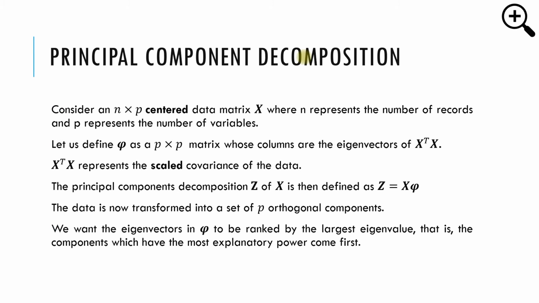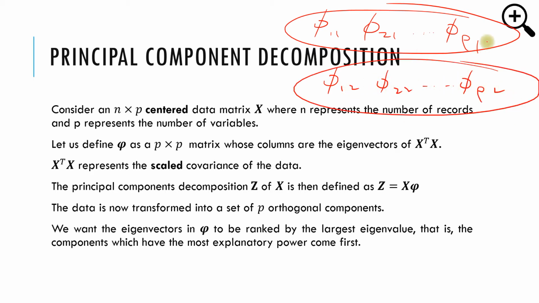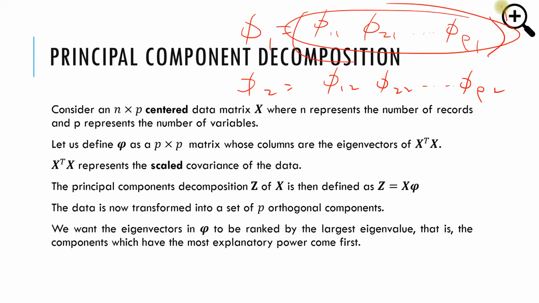But how do we get these values, phi 1 1, phi 2 1 up to phi p1? How do we get the values for phi 1 2, phi 2 2 up to phi p2? How do we get these second vector loadings, that is phi 2? How do we get phi 1, phi transpose?